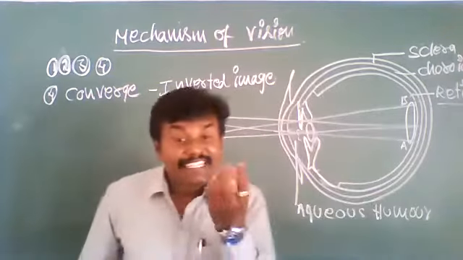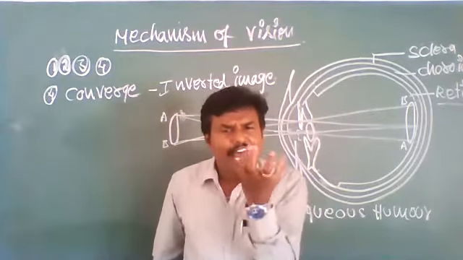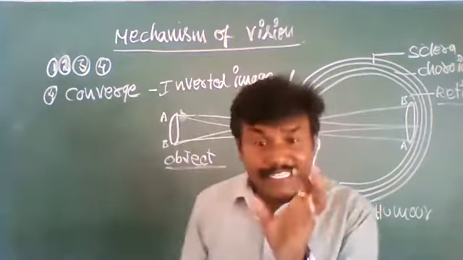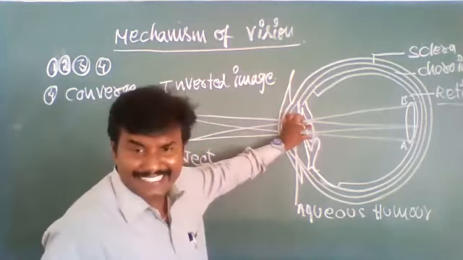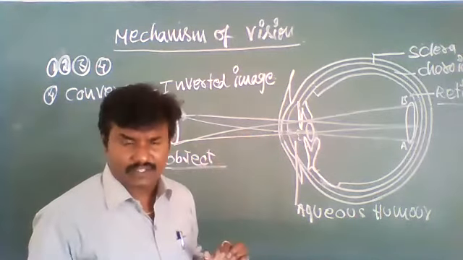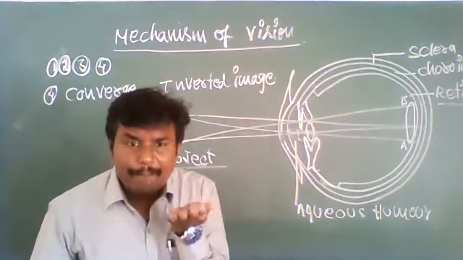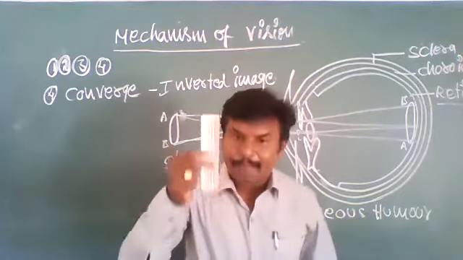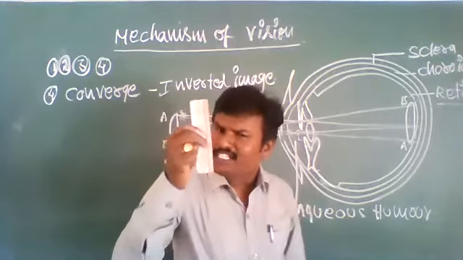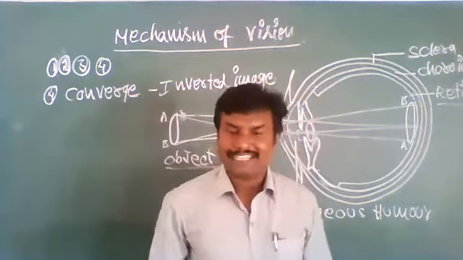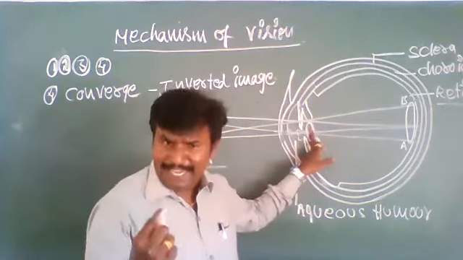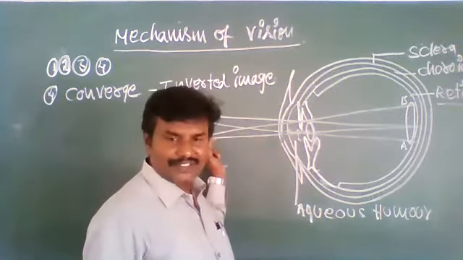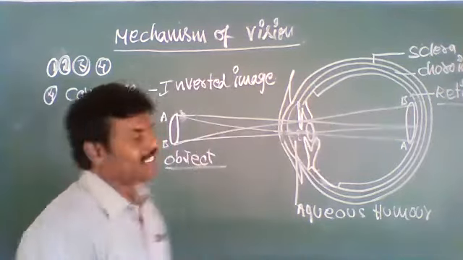The lens makes the necessary adjustment to focus the sharpest image of the object on the retina. That is one statement.